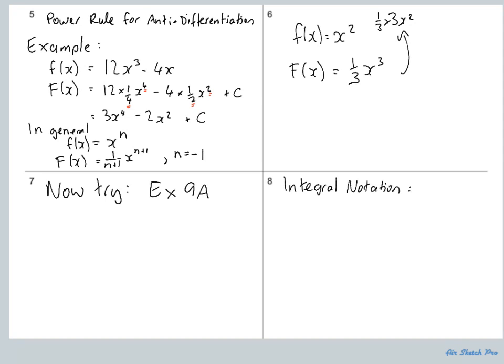Okay, so to find the antiderivative, we express the problem like this. I'll just use the same as the example up there, so 12x cubed minus 4x.